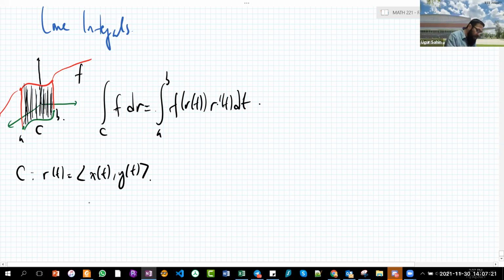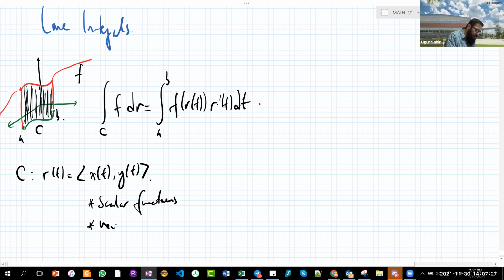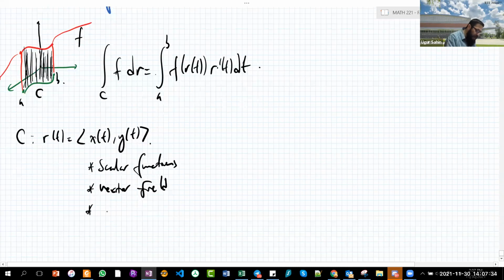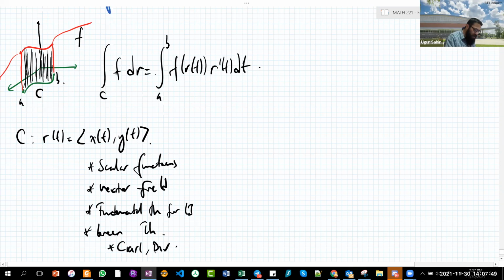But later, we went ahead and defined the line integral for the vector field. We defined the line integral for vector field, as well as we saw the fundamental theorem for line integrals, and also Green's theorem. And related with Green's theorem, we defined curl and divergence concepts.